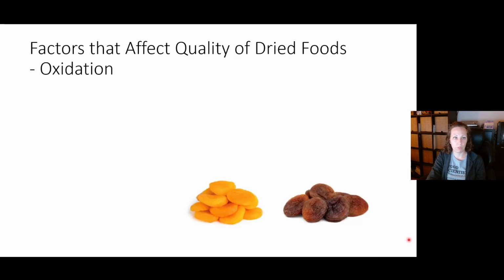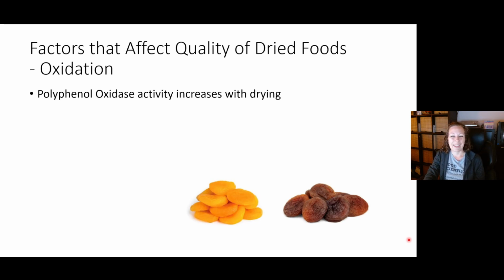Okay, and then the fourth factor that affects the quality of dried foods is oxidation. And this one should be pretty familiar because we've already talked a little bit about this exact thing before when we've talked about fruits and phenolase or polyphenol oxidase and additives.